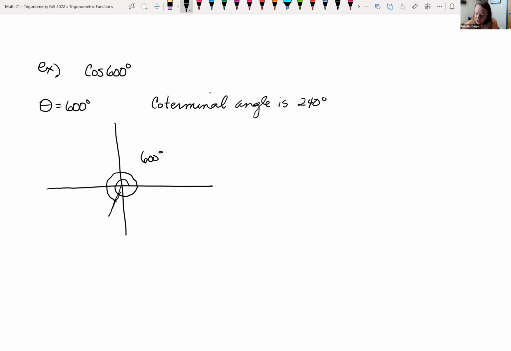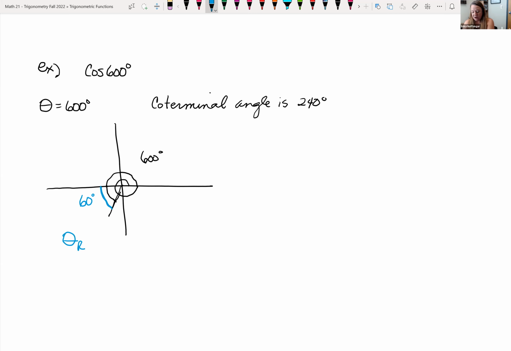So 240 degrees, this right in here is 60 degrees. It's 240 minus 180, which is 60. So we found what our reference angle is. Our reference angle is 60 degrees.